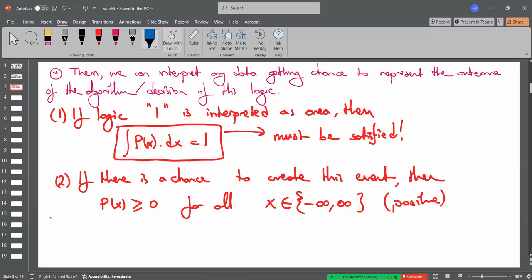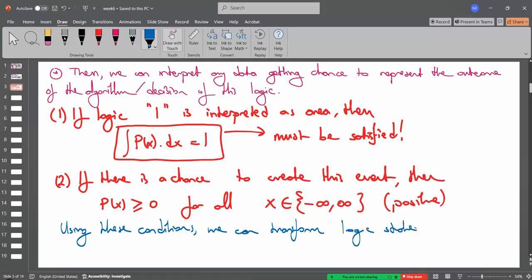And so we can conclude that using these conditions, we can transform the logic state into the probability one, okay? This is our case.